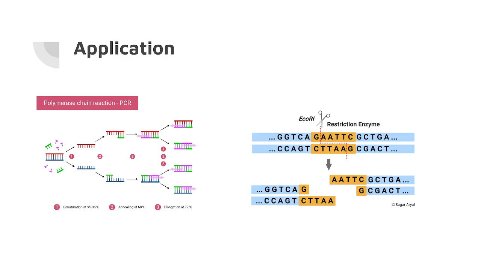Enzymes can also be used in the form of restriction enzymes, where we are able to essentially cut DNA sequences at a particular site designated for the enzymes to cut.